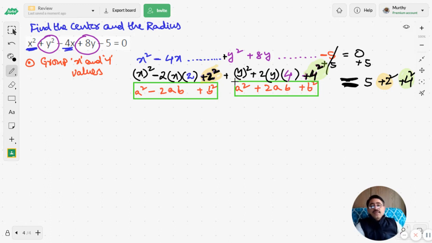Okay. Now we are about to finish the sum. That's the good news. You know, a square minus 2ab plus b square can be written in the form of a minus b whole square. In the same way, a square plus 2ab plus b square can be written as a plus b whole square.